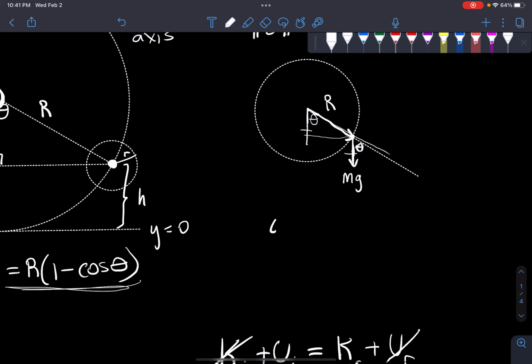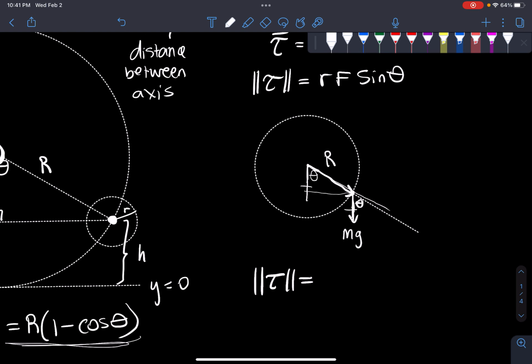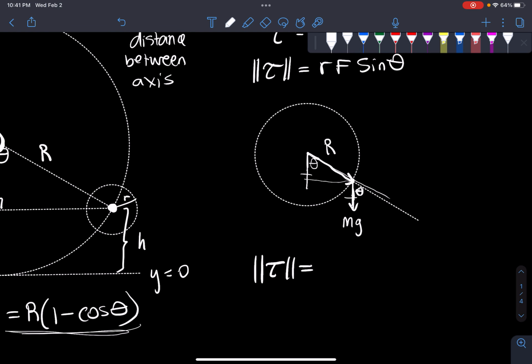So the magnitude of the torque is the position vector r, which in this case is the radius, times the force, which is mg, times the sine of the angle between them, which is just theta.